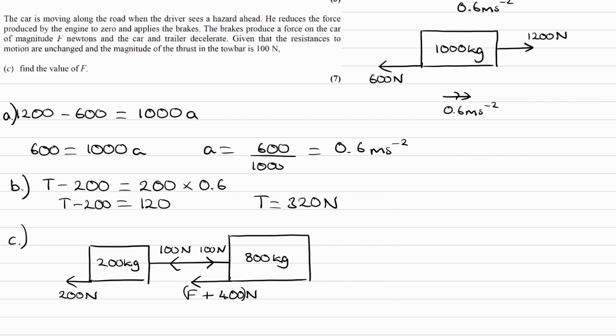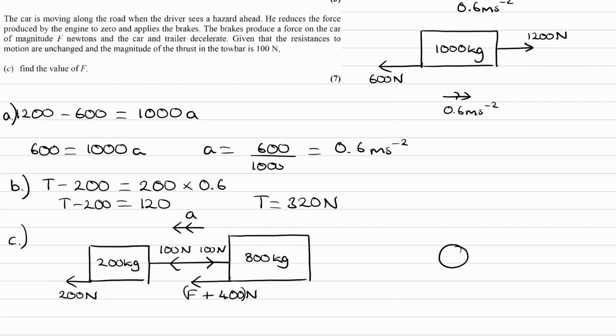The system is decelerating, so we know that the acceleration will point in this direction, which I'm going to call A. It doesn't have to be the same acceleration as before, so we're not going to call it 0.6. Again, we have three options: we can consider just the trailer, just the car, or the system as a whole. Our goal is to work out F. If we look at the trailer, we know all of the forces on it, so that's a good starting point.